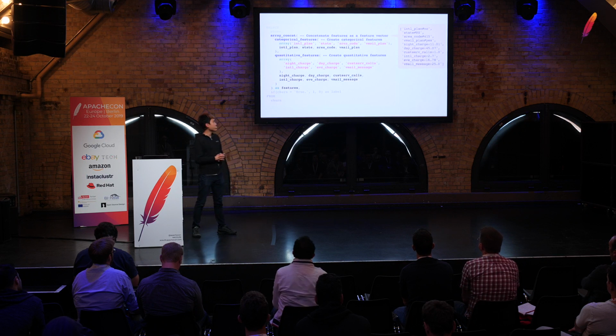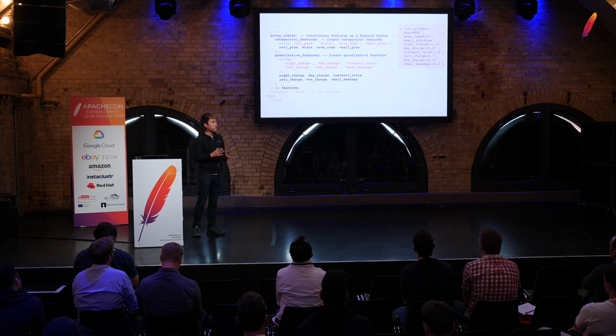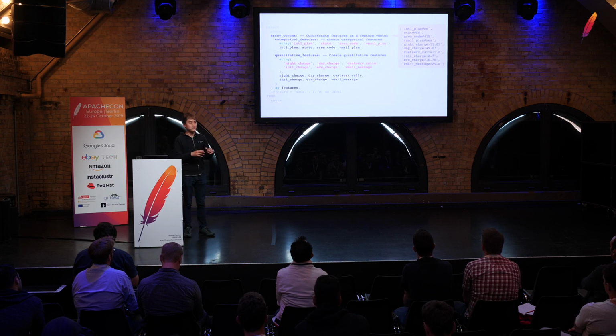International plan is no, the state is KS, area code is 415, voice mail plan is yes, night charge is 11.01, and so on. So the basic attributes representing this specific customer are converted into an array of strings, which is the feature vector. This is basically the pre-processing for the data.